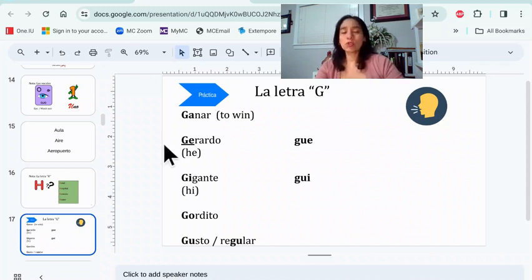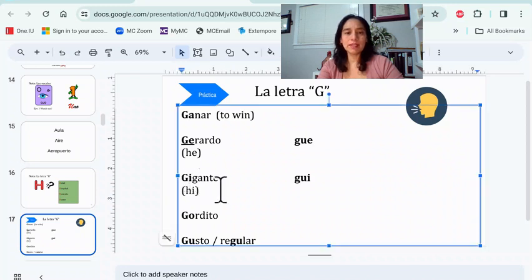However, when it comes to the combination of la letra G with la letra E, that pronunciation changes. You're going to pronounce it like the H in English, like in the name Gerardo. Gerardo. So you have ganar, Gerardo, the same effect with the G-I, gigante, gigante.